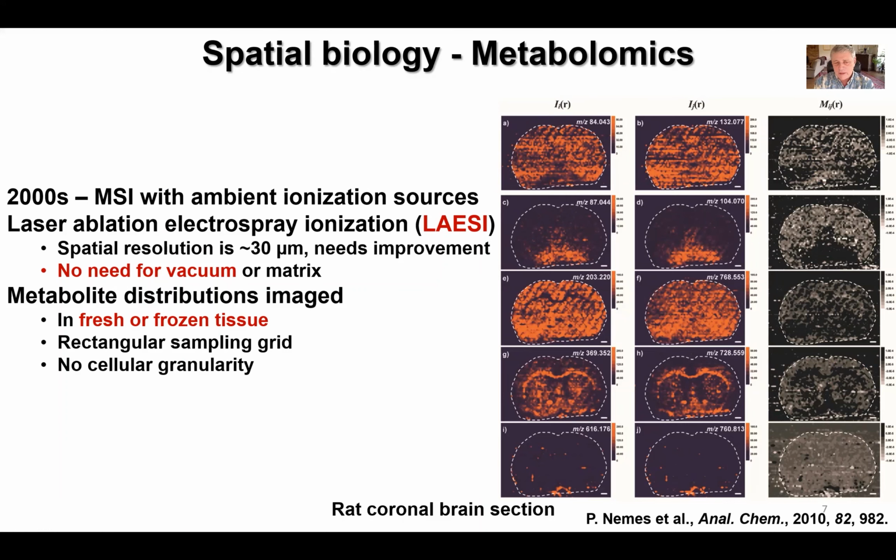The good news is that at this point we were not stuck with having to put our sample in vacuum. So we were operating at ambient environment. Also, we were using fresh or frozen tissues. So this was closer to reality. However, it was still reliant on a rectangular sampling grid.